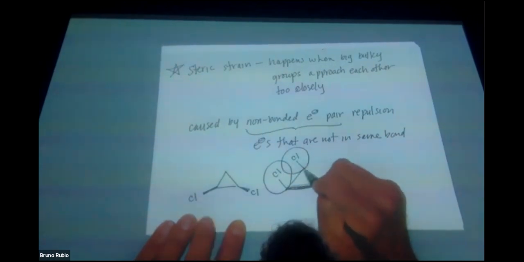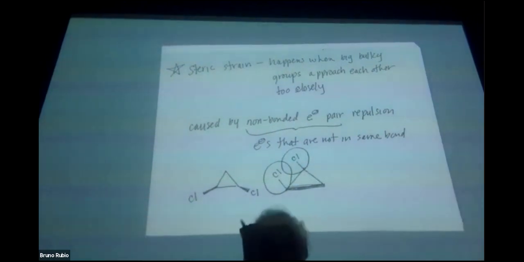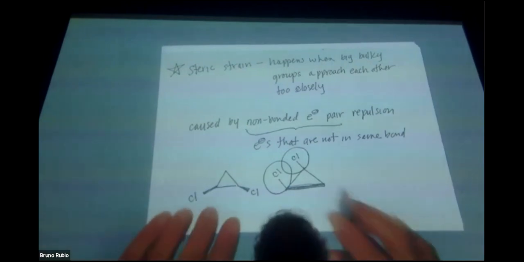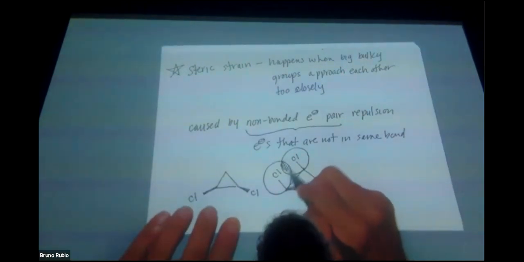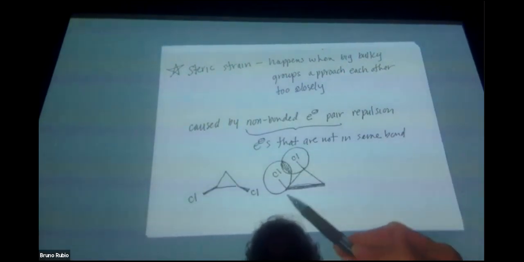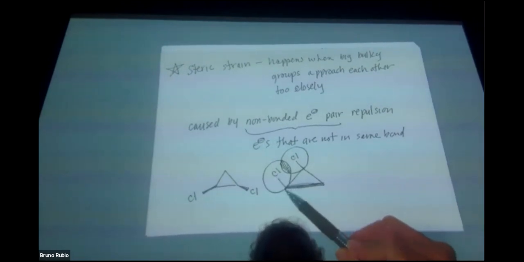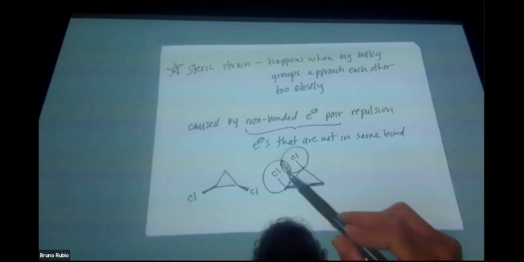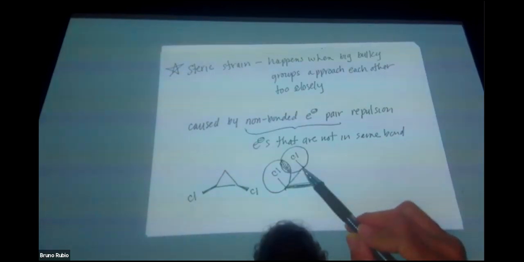Let's represent the orbital looking like that. And we see a zone of interpenetration right in here, where the electrons in this carbon-chlorine bond are interacting repulsively with the electrons in the neighboring carbon-chlorine bond, right?